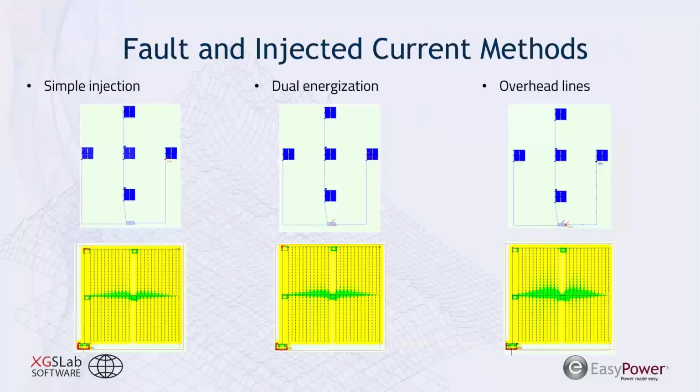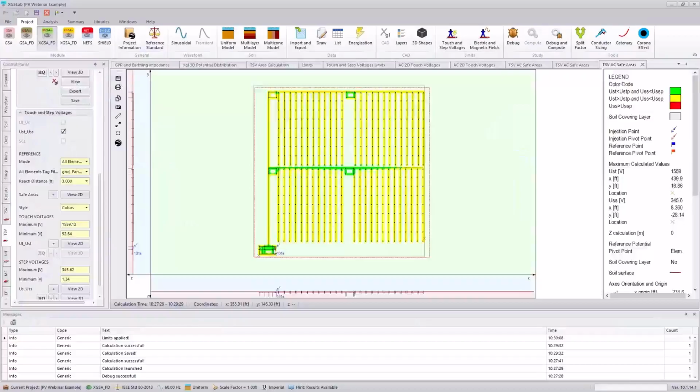And what I want to do is step through some different examples. Here are 3 different examples of different methods for modeling that fault current. In a typical analysis, like what we just did in the software, we just placed a fault current, 10,000 amps, being injected into our system.